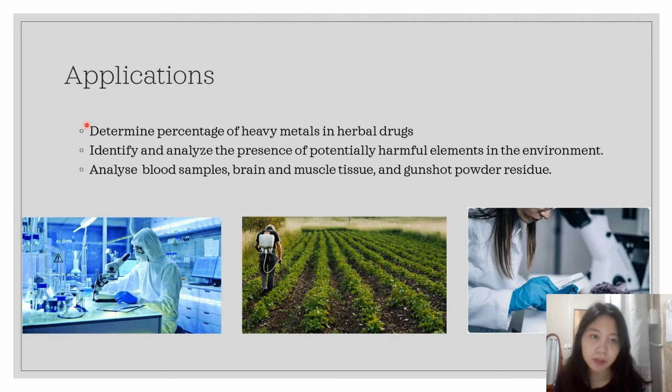The first application is to determine the percentage of heavy metals in herbal drugs. So this is what the project is basically about. The second is to identify and analyze the presence of potentially harmful elements in the environment. And the last one is to analyze blood samples, brain and muscle tissues, and gunshot powder residue.